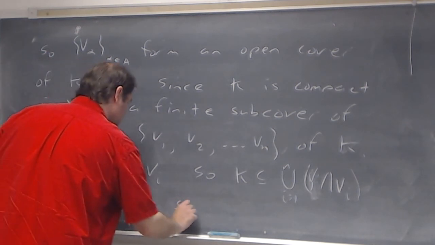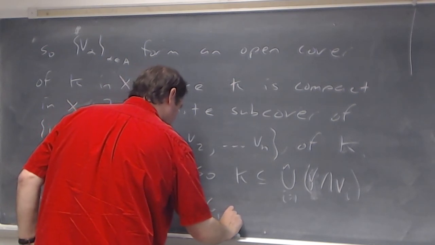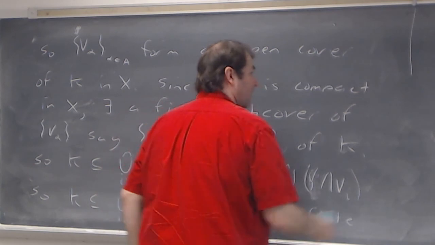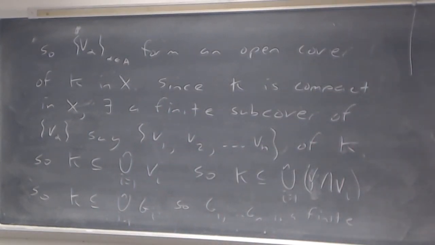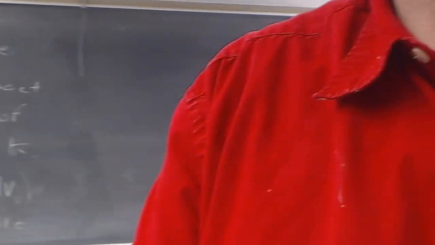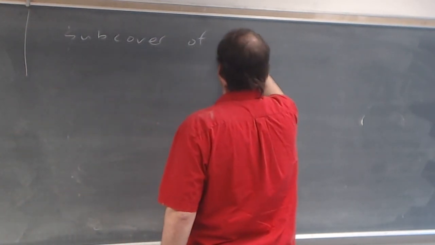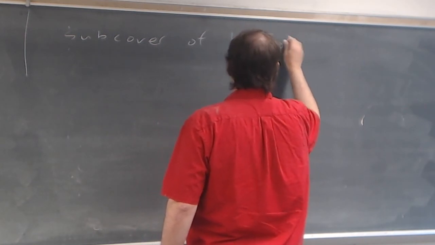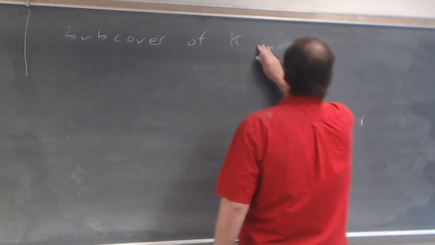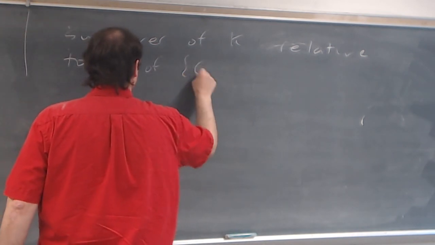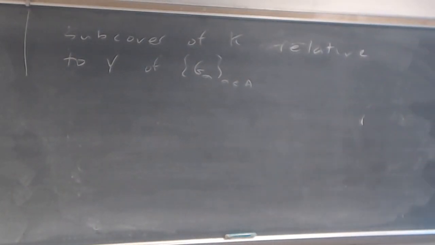So that says that G sub 1 up to G sub n is a finite subcover of K with respect to Y, or relative to Y, of the G sub alphas. So that's one part of the proof done.